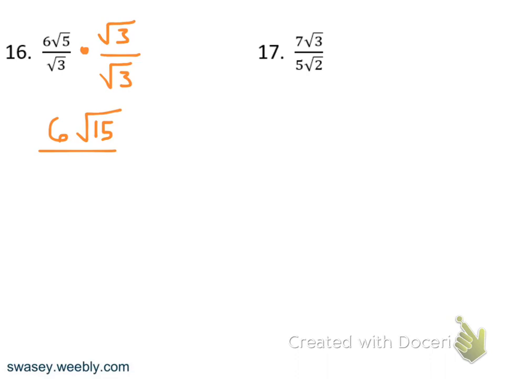In the denominator, square root 3 times square root 3 is square root 9, which is just 3. Now, we've got to look and see if these regular numbers will simplify. 6 divided by 3 gives us 2, so we have 2 square root 15.